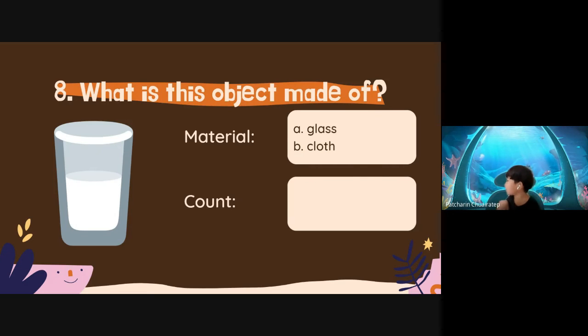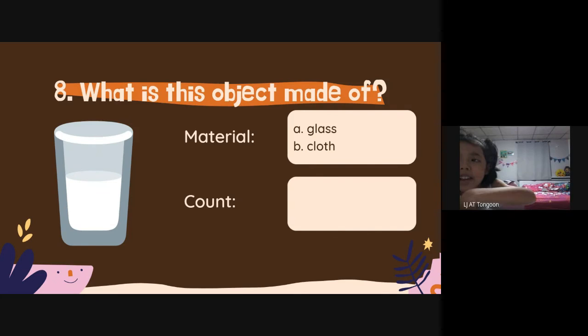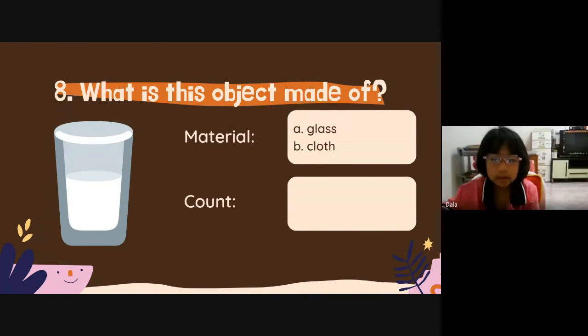Okay, let's wait for Flap. Okay, I think everybody's finished.